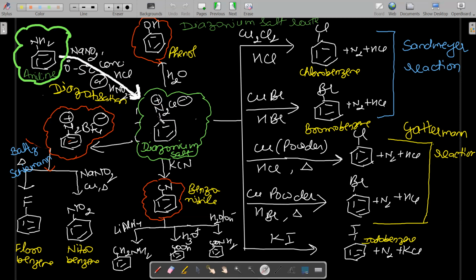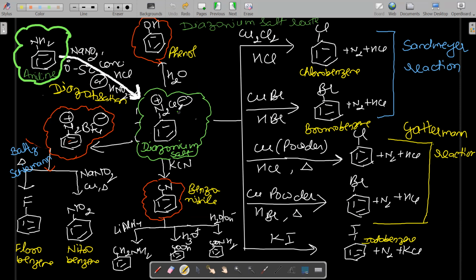Due to this, when the diazonium salt reacts with any suitable reagent, it can form a new compound. This NH2 group is completely removed, or I can say this whole part is completely substituted by a new functional group.